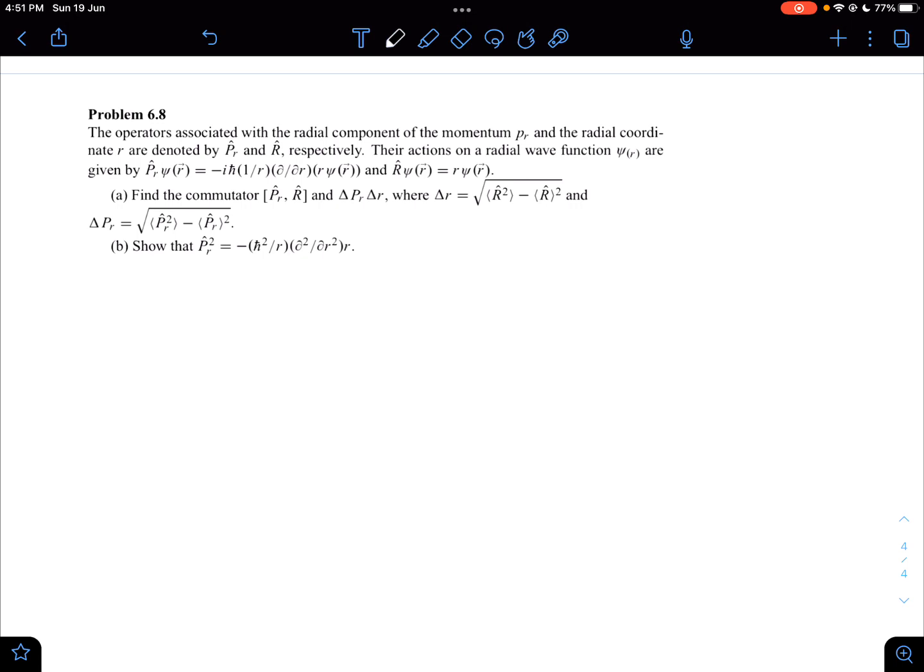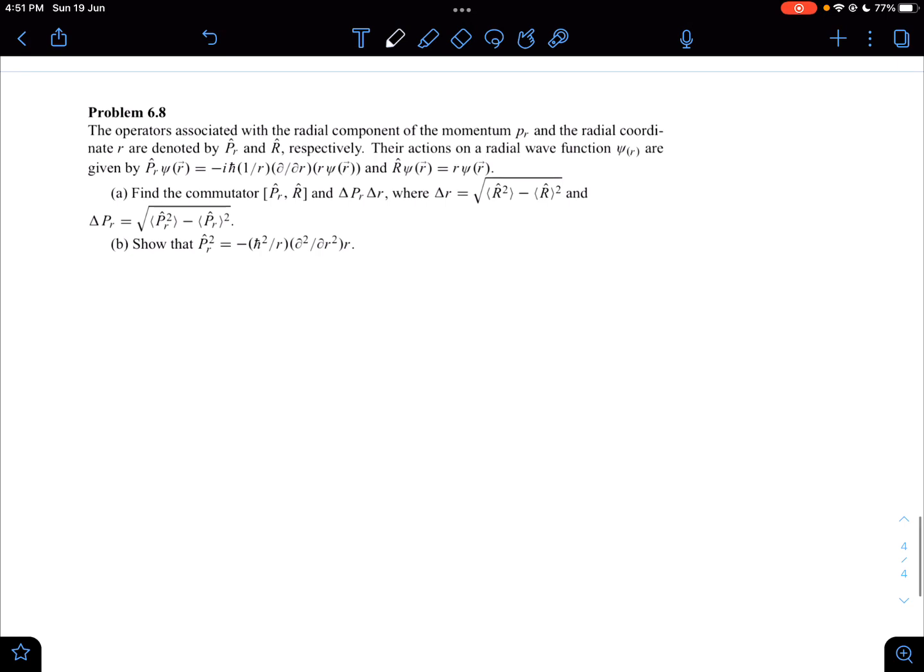So let us now move to the second problem of today's video, and probably the last problem of today's video. The problem states that the operators associated with the radial component of the momentum and the radial coordinate are denoted by PR and R respectively. Their actions on a radial wave function are given as follows: the radial component of momentum behaves like this, and the radial component of the position operator behaves like this.